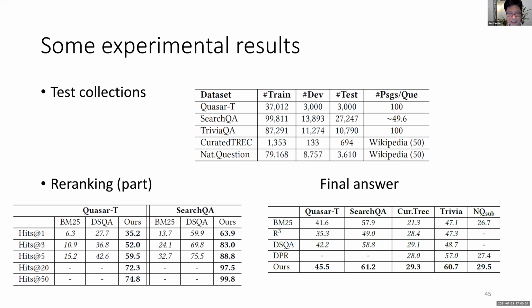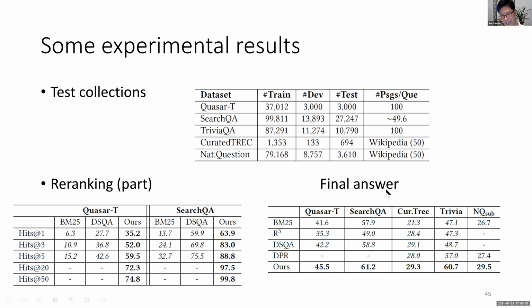So that's the only signal used in DSQA. So we can observe that using the GAN-based ranking model, we can rank those candidates much better. And this is for the first collection, and for the second collection we have similar results.